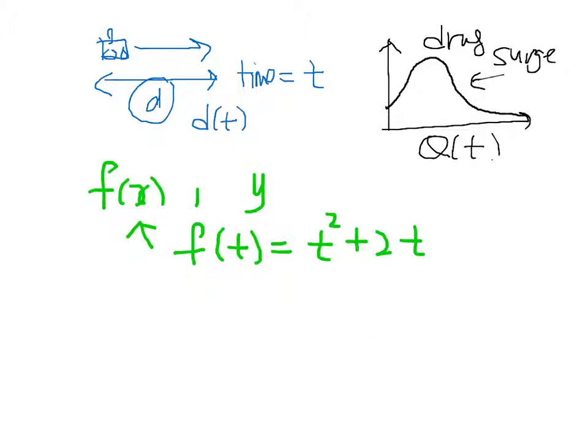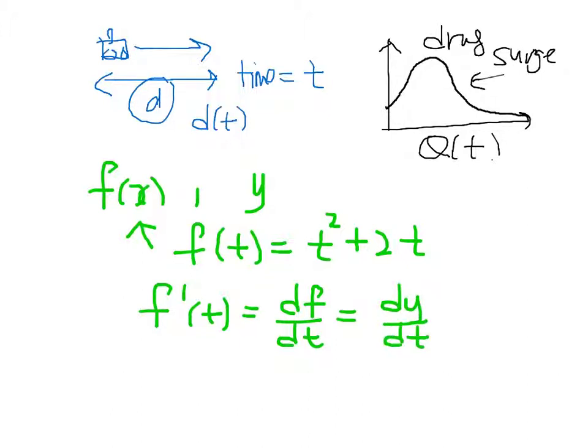This itself is a function of time. And when we write f prime, that prime usually represents df/dt or dy/dt, depending on the independent variable t, which could be x, or z, and so on.